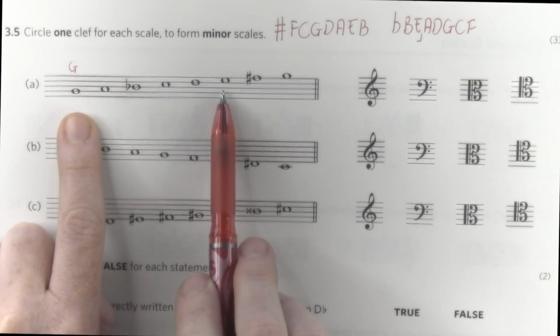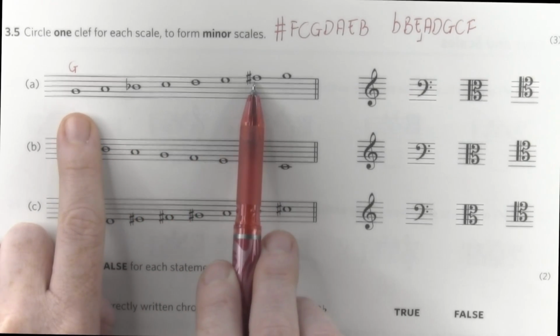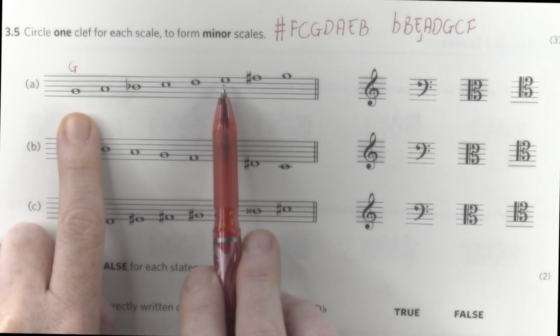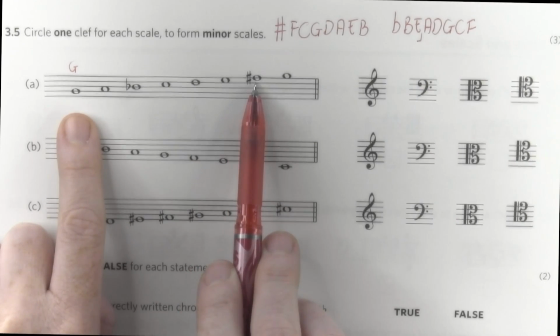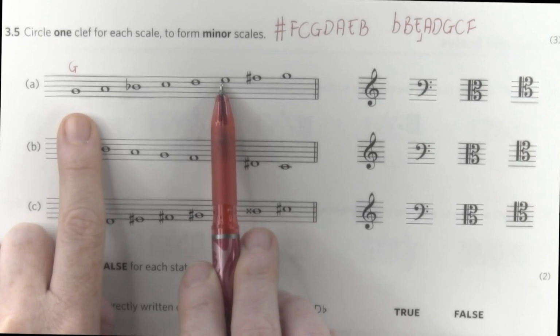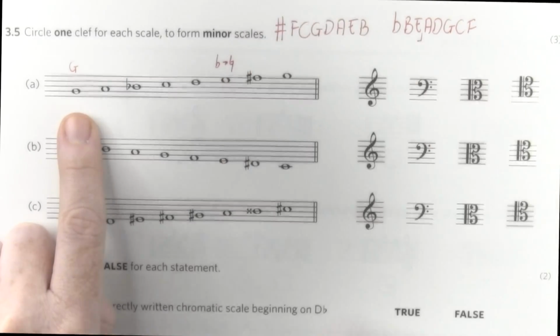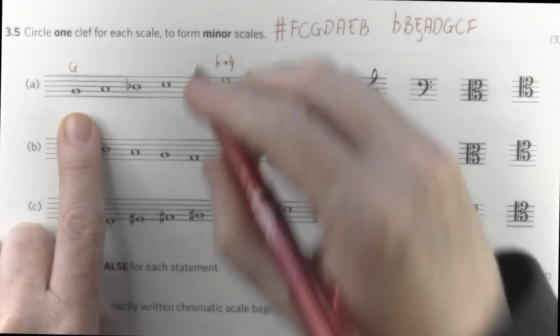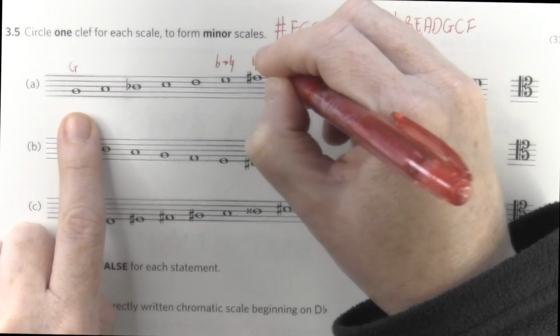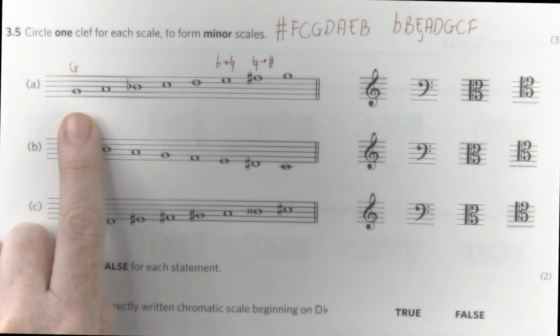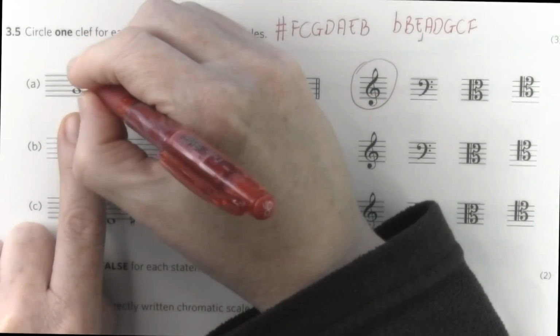We don't have 2 flats here, but this is an ascending scale. So if this is a melodic scale, this has been raised and this has been raised. We have a sharp here, which means that this has been raised, and we don't have a flat here, which means that E has been raised too. So it was flat, but it became natural. Okay? And here, this was natural and it became sharp. So the answer is the treble clef here. This is G minor.